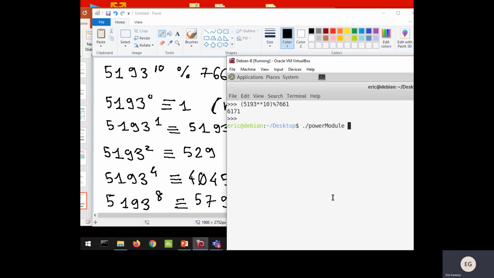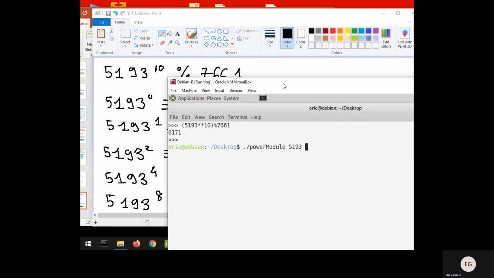We'll put here 7193 to the power of 10 modulus 7661. So that will be x to the power of y modulus the modulus that you want.